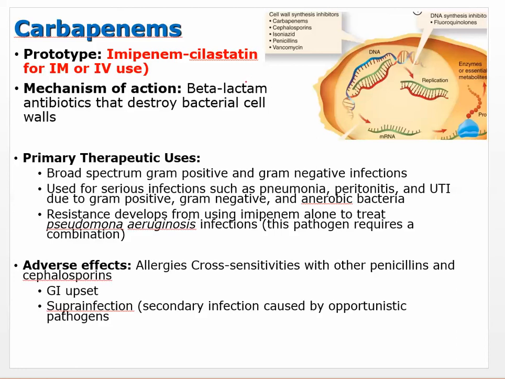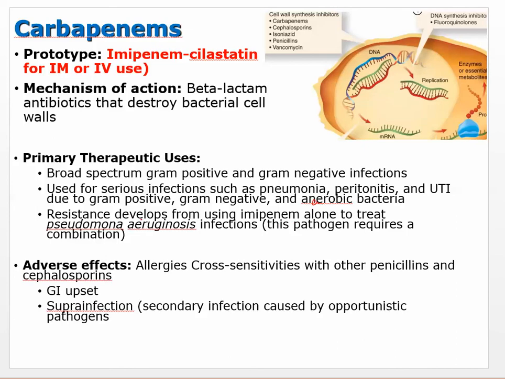All right, carbapenems, imipenem-cilastatin. This is a combination drug, but essentially it's the same mechanism. It's a beta-lactam antibiotic that destroys the bacterial cell wall. It's broad spectrum, gram positive, gram negative, used for serious infections such as pneumonia, peritonitis, UTI due to gram positive, gram negative, and aerobic bacteria.